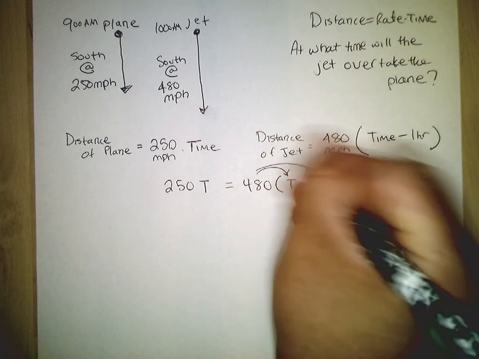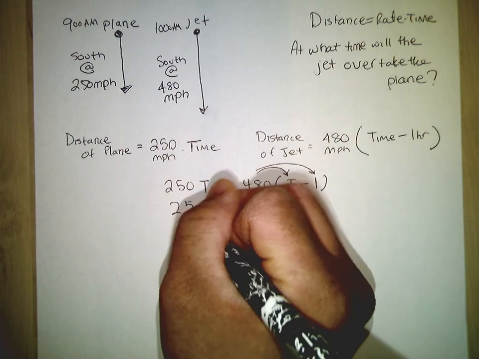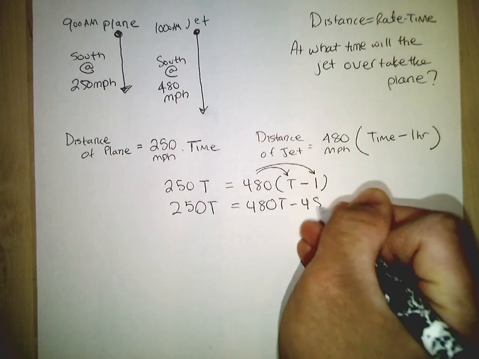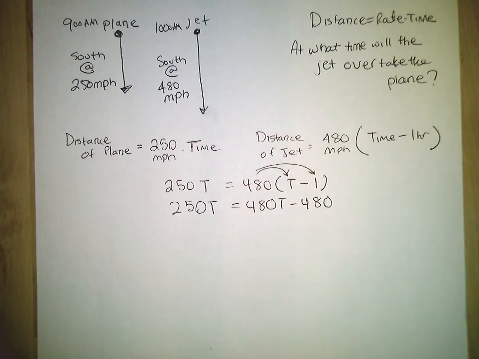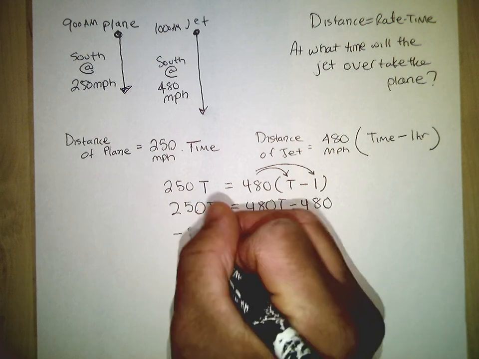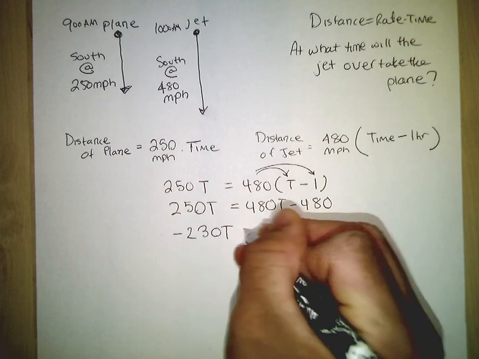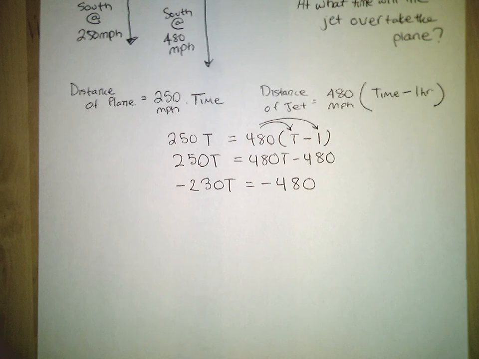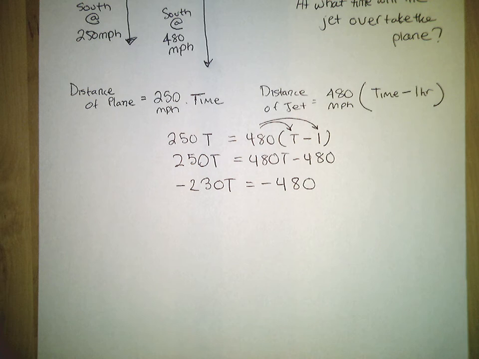Then distribute the 480, so 250t is 480t minus 480. Then I will subtract the 480t to get negative 230t is negative 480.